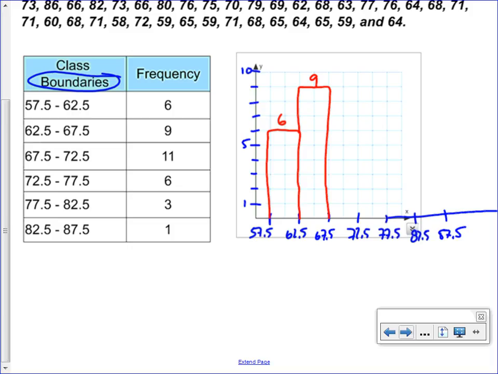Then 11. Just go past 10 a little bit. And 6. And 3. That would be a histogram.